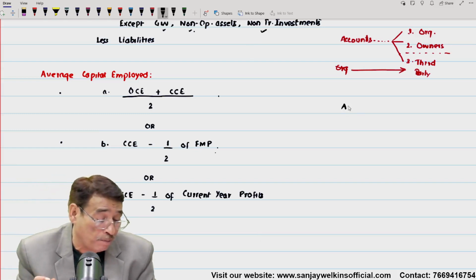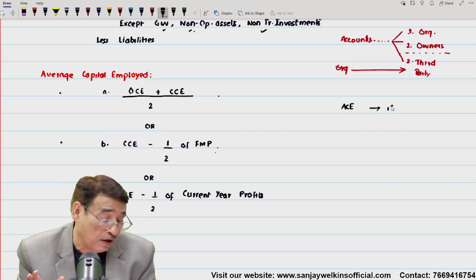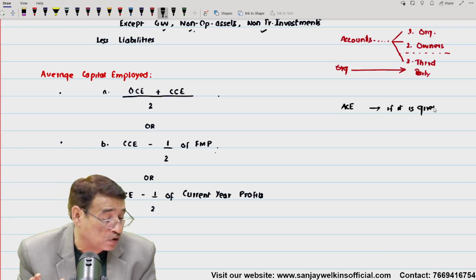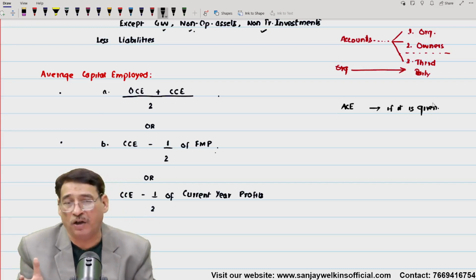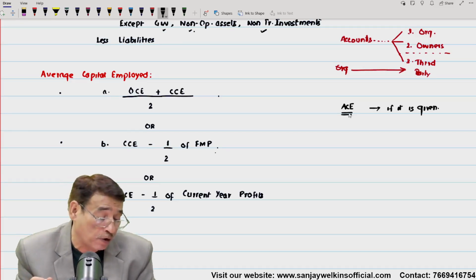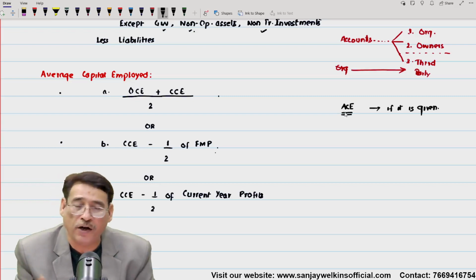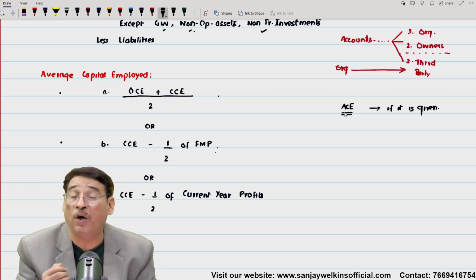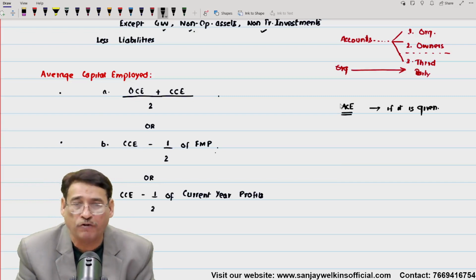You need to compute normal profit on the basis of average capital employed if it is given in the question. That means if there is a straight direction in the question that normal profit should be based upon average capital employed, then you are left with no other alternative and you have to compute your normal profit on the basis of average capital employed without an iota of doubt.